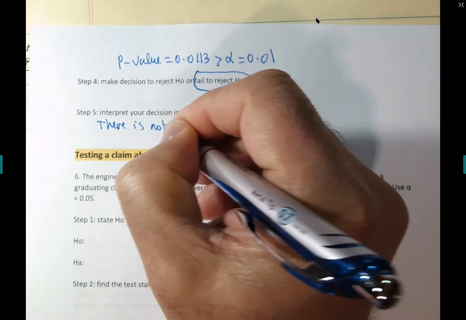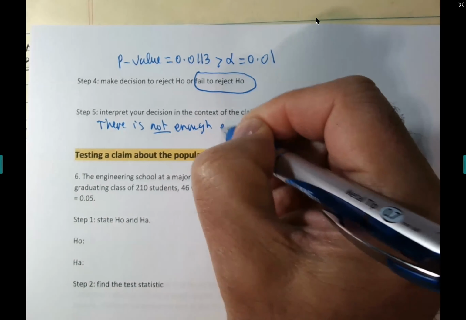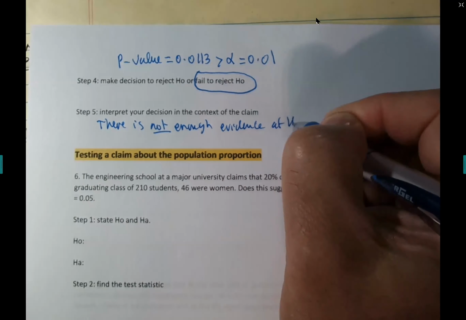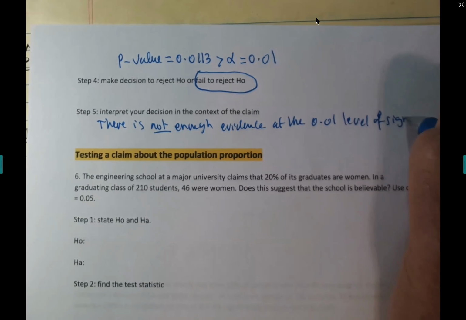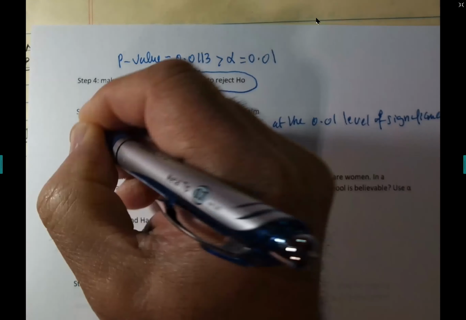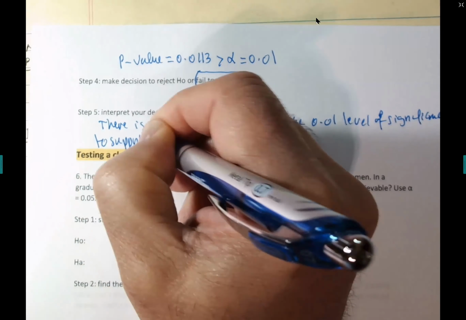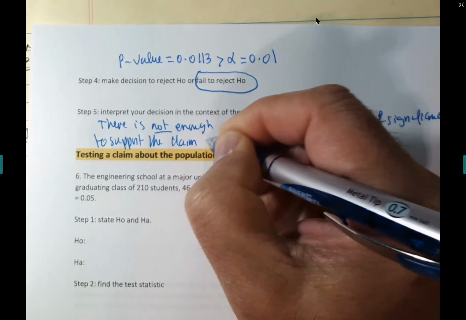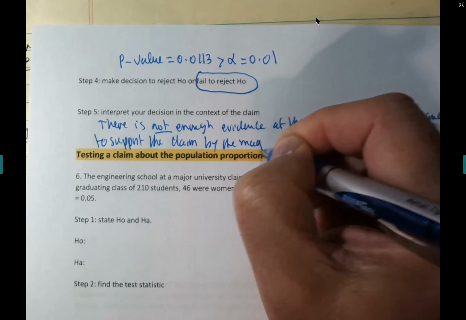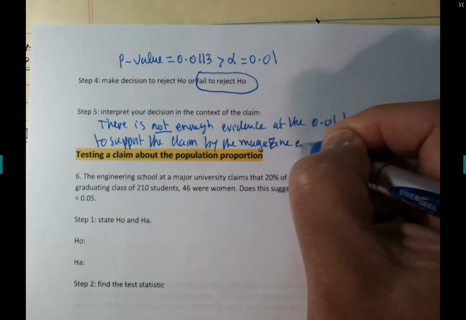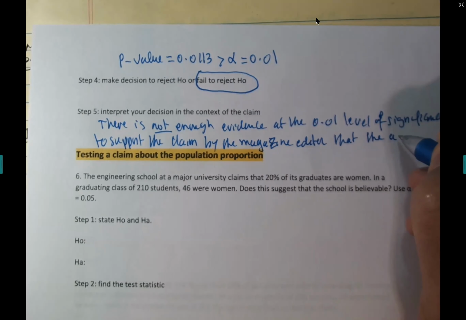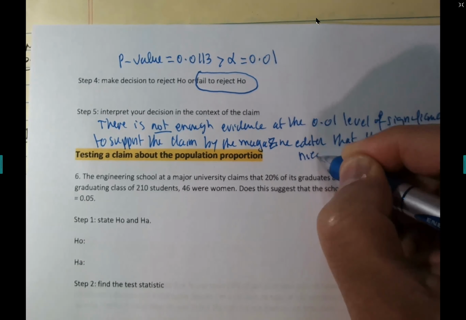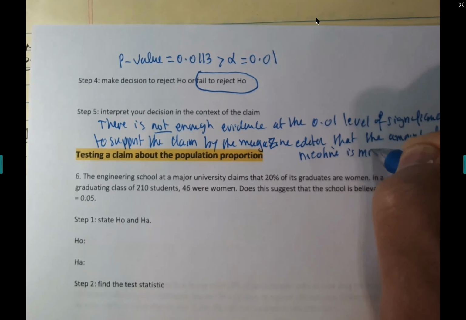There isn't enough evidence at the 0.01 level of significance to support the claim by the magazine editor that the amount of nicotine is more than 40 milligrams. So this guy can get in trouble now.